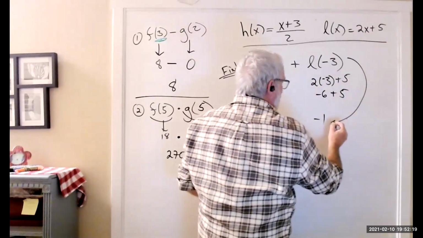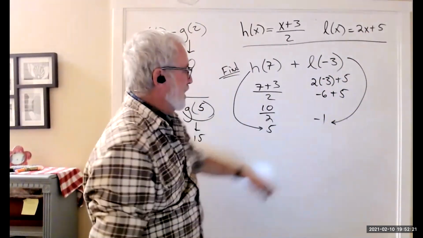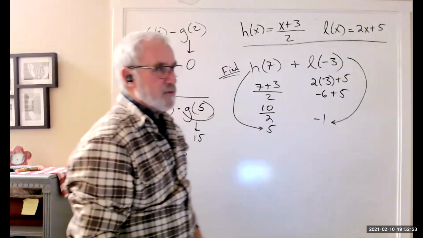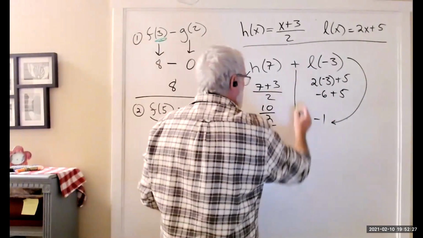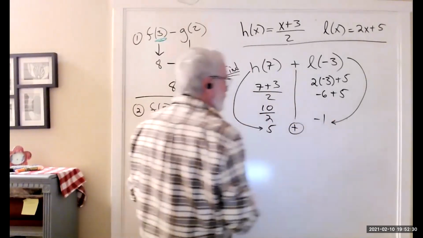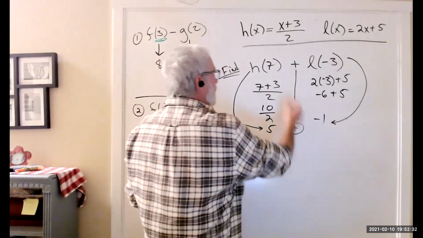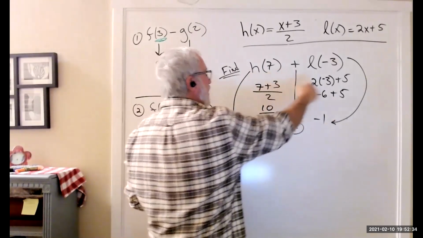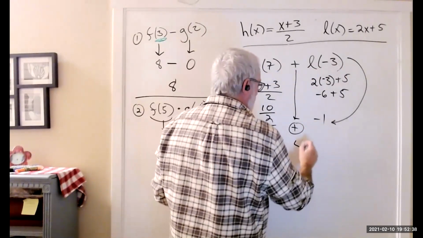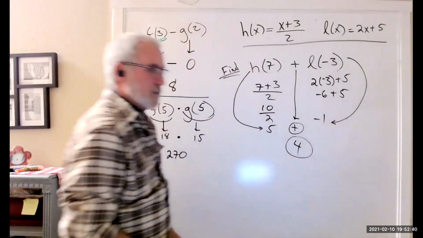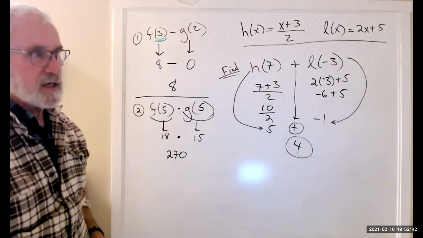So L of negative 3 turns out to be negative 1. But then the problem says I want you to add these two answers together. So 5 plus negative 1 is 4, and that's the final answer.